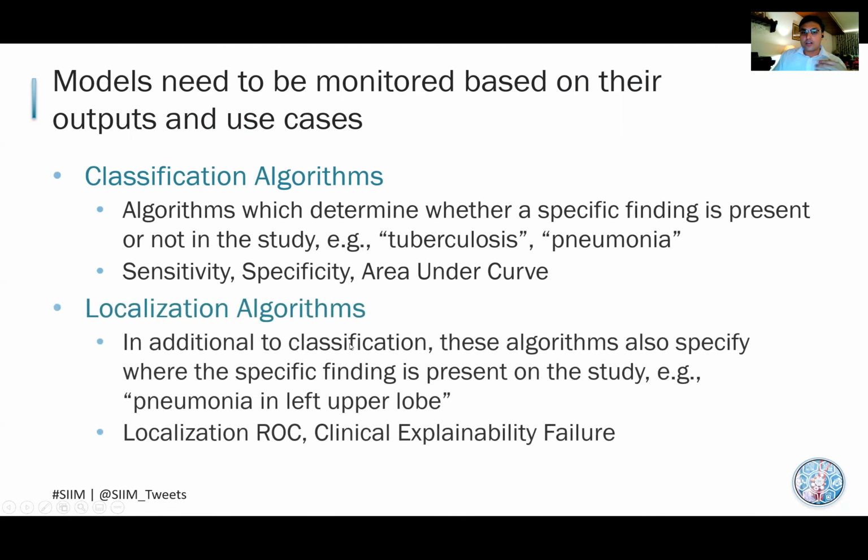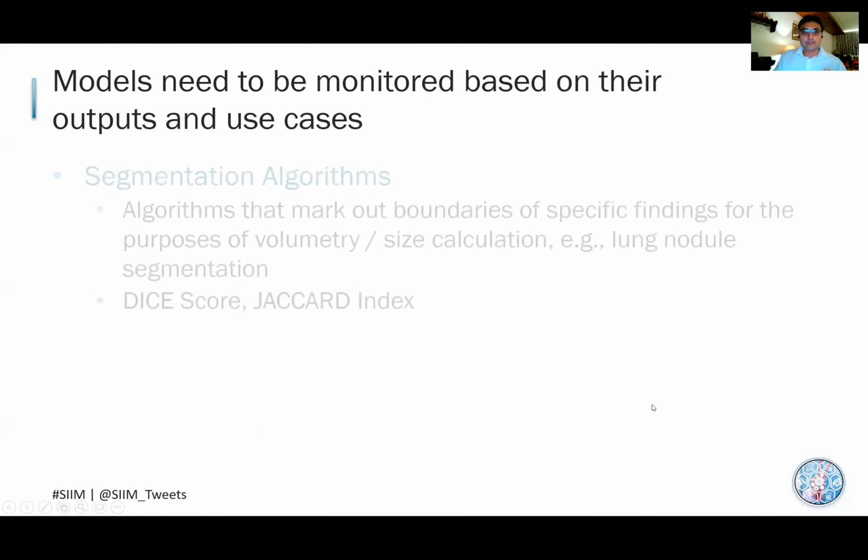Localization algorithms are those algorithms which also specify where the specific finding is present on the study. For example, a pneumonia on the left upper lobe, typically represented by a bounding box. For this, metrics such as LROC or localization ROC or clinical explainability failure may be used.